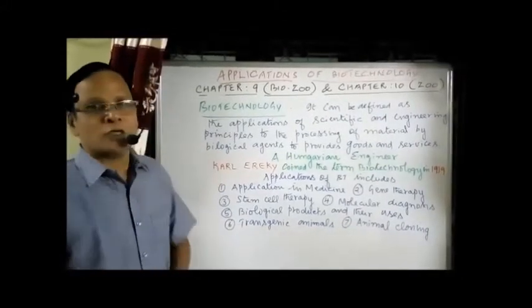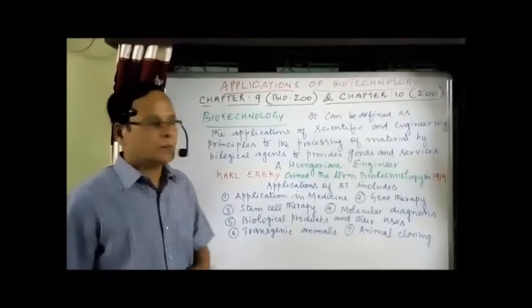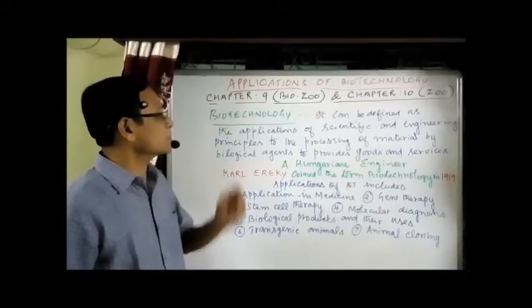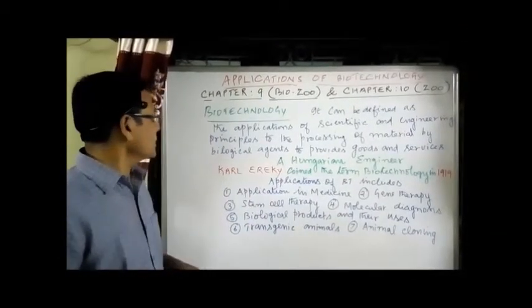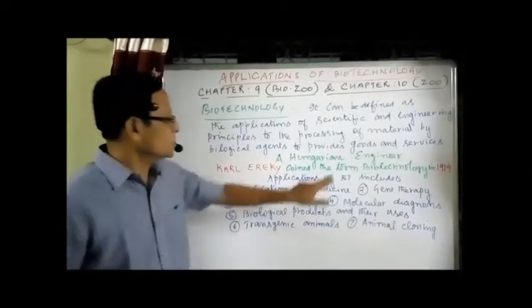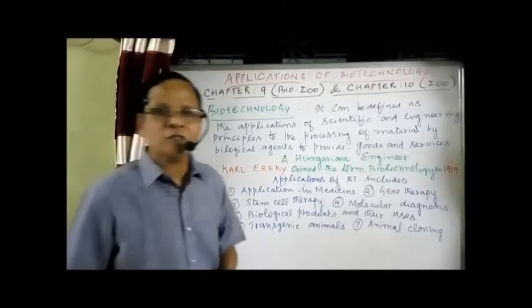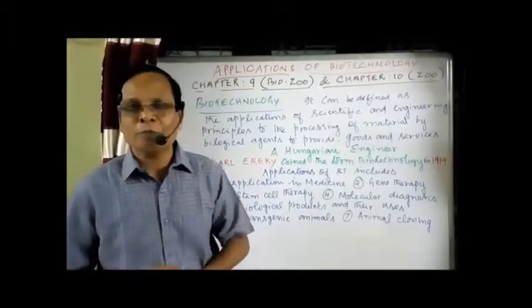Now what is biotechnology? It can be defined as the application of scientific and engineering principles to the processing of material by biological agents to provide goods and services. Simply, harvesting of beneficial products for the benefit of human beings.